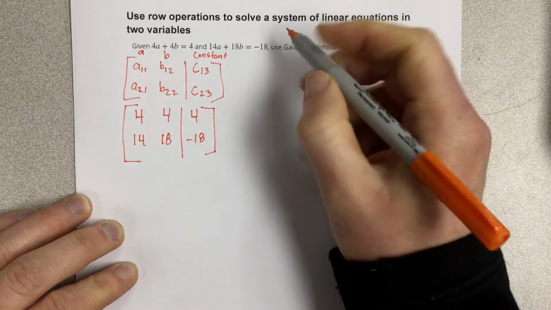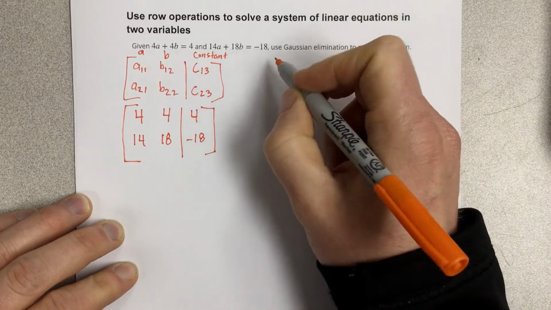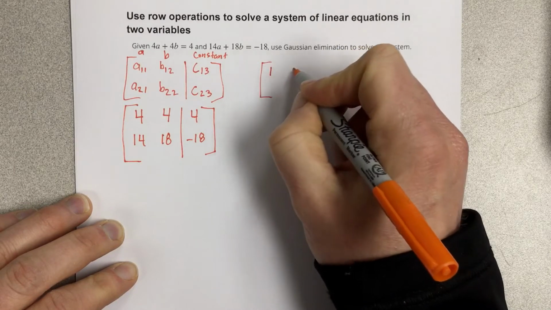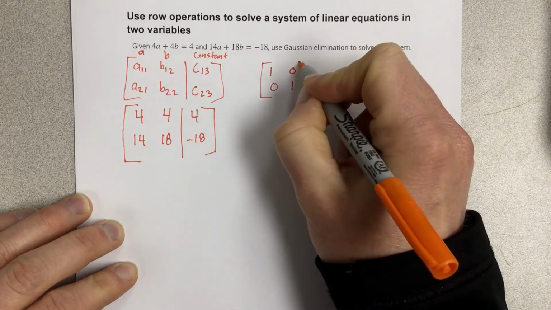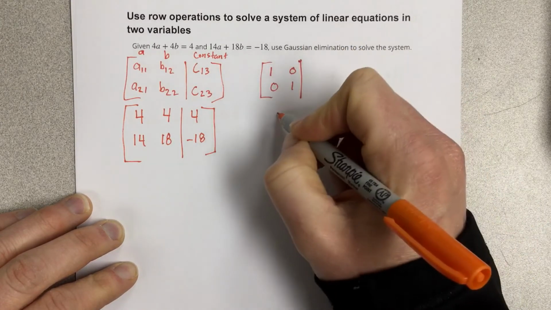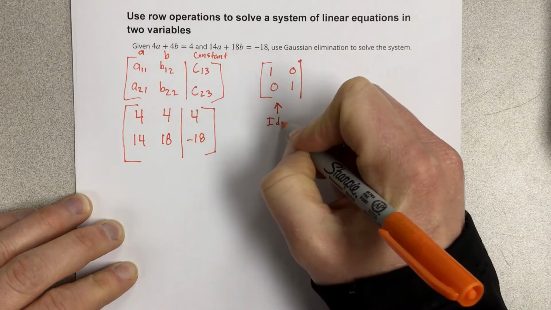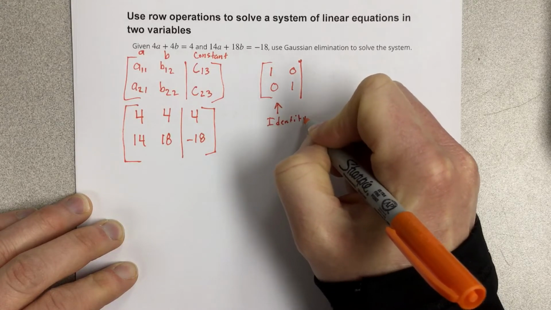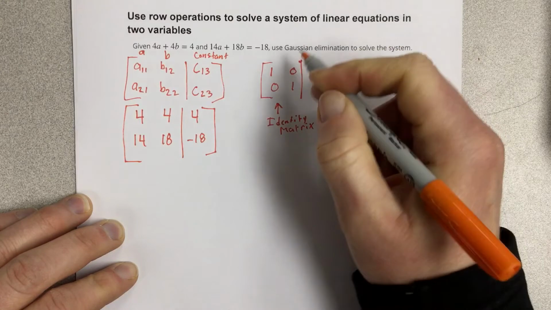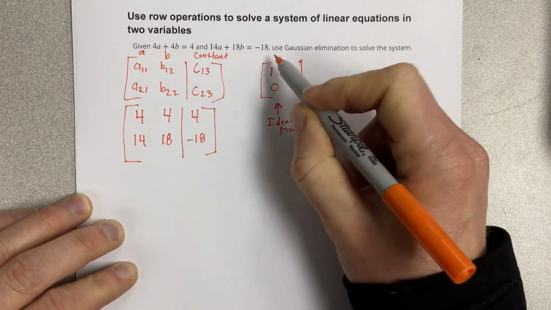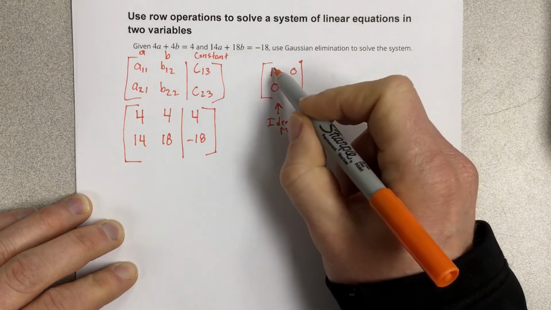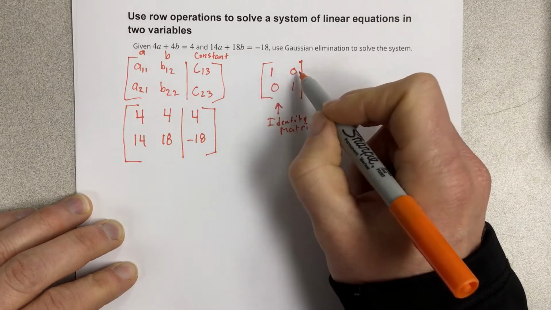Now our goal is to get the identity matrix. The identity matrix is when you have 1, 0, 0, 1. This is called the identity, so I'm going to mark that here: identity matrix. What's nice about the identity matrix is that if this is the A column, in the first row A would have a coefficient but B would not.